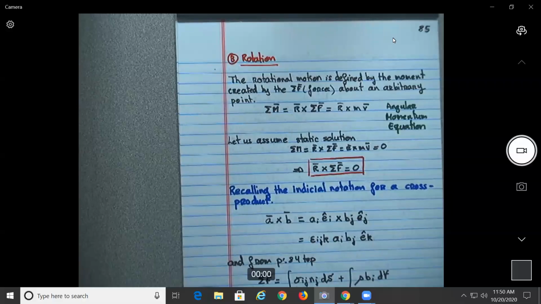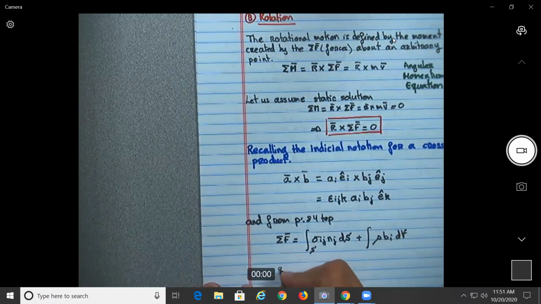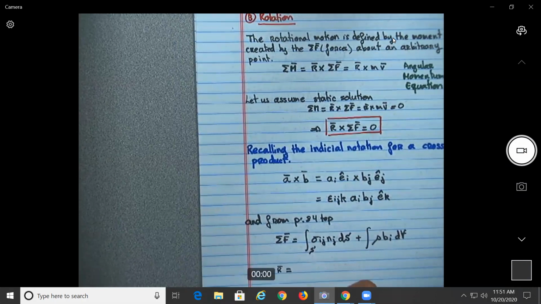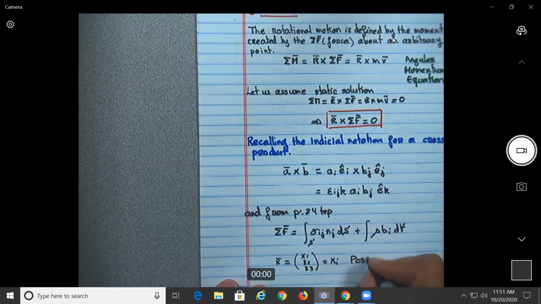As you can see, this is going to become cumbersome now. And what is R? Really, R is the position vector, so x1, x2, x3, or you could say this is just x sub I, no? This is the position vector.